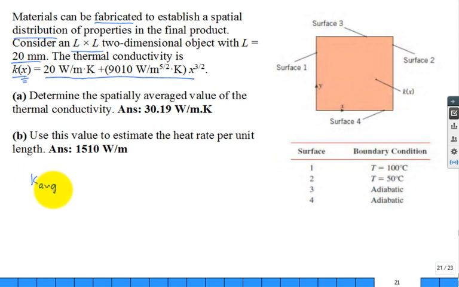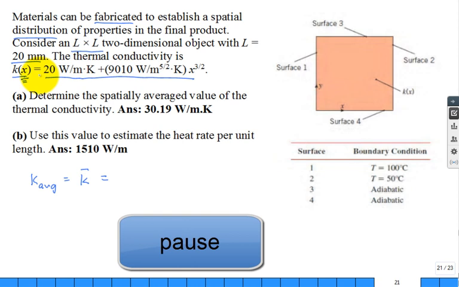What symbol notation do you want to use for some averaging? How would you do it? Let me pause, walk around, and see if you can write down what equation you would use to calculate the average K.